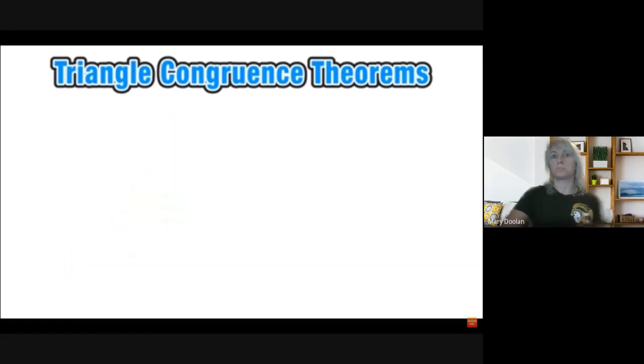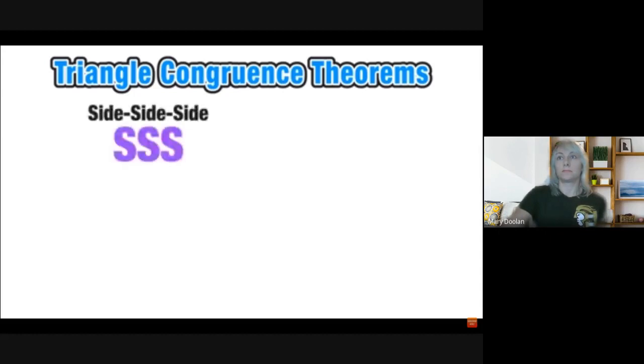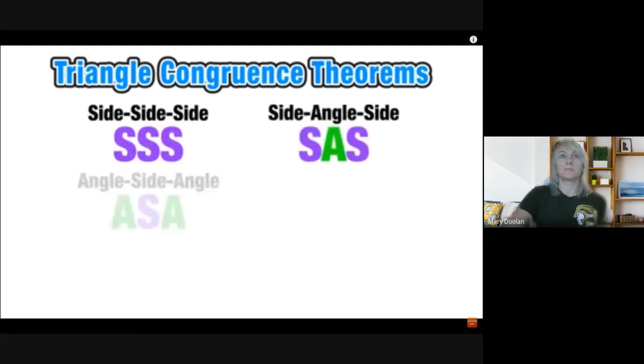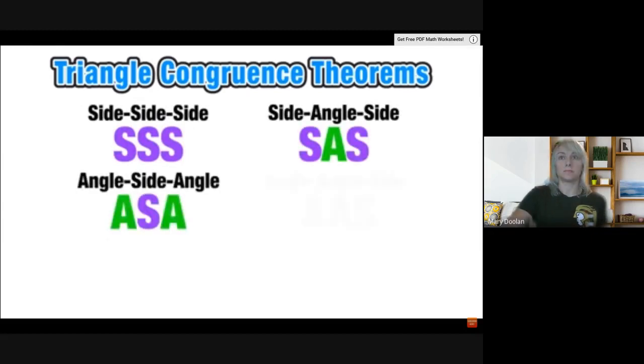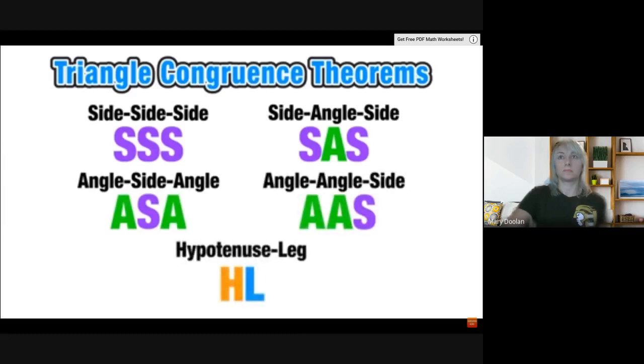So the goal of this lesson is to help you to understand why the theorems that we use prove congruence, and how to know which theorem to use in a particular situation. So here are the 5 triangle theorems with their abbreviations. We have side, side, side; side, angle, side; angle, side, angle; angle, angle, side; and hypotenuse leg. So now we're ready to go ahead and explore each theorem individually.